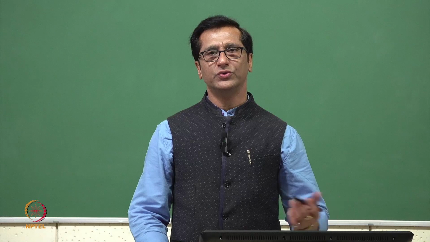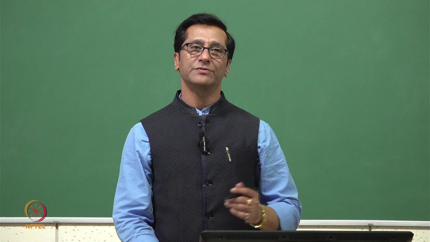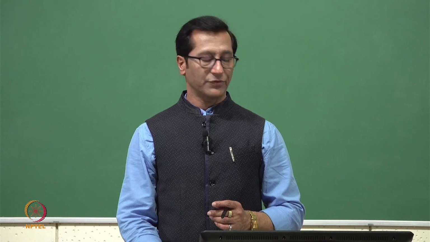Now, I'm just showing the two case studies which people have done. I have picked this from a research paper published in 2007, on offline monitoring. In the previous lecture I mentioned the wear test. So they have done something like a ball on disc wear test, and the ball and the disc are shown, and they tested two lubricants, trying to figure out which lubricant gives good performance and which gives bad performance.